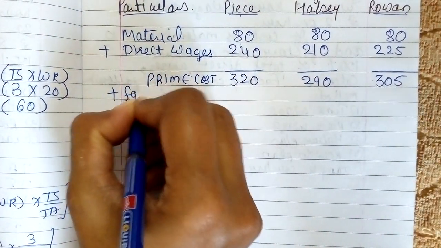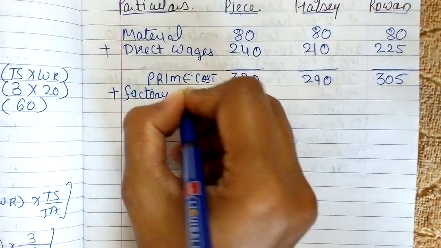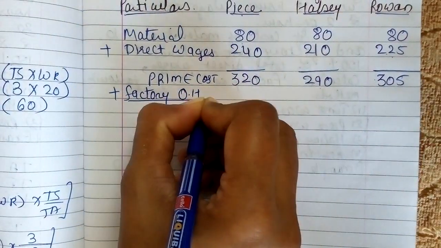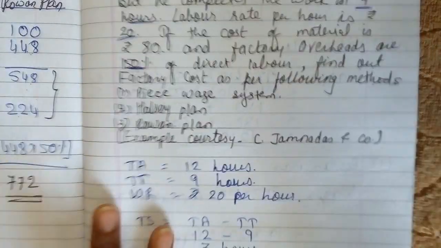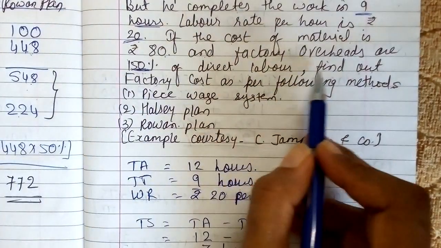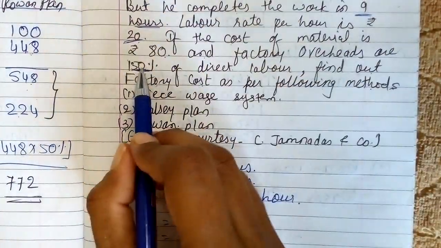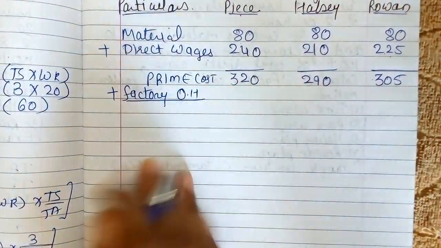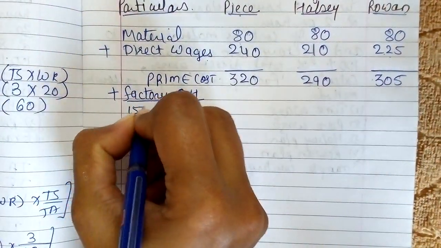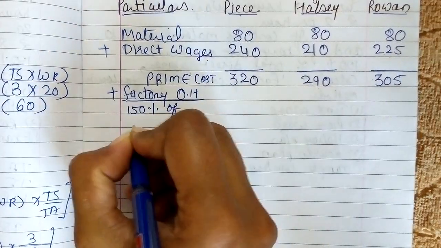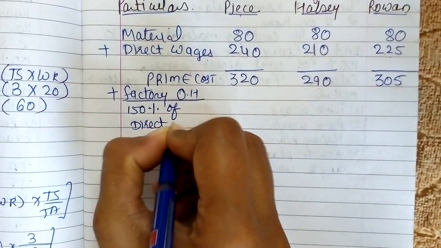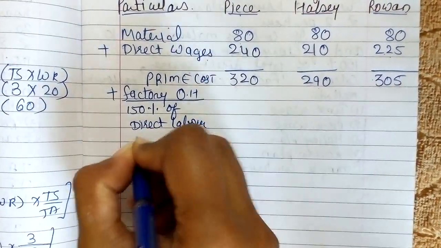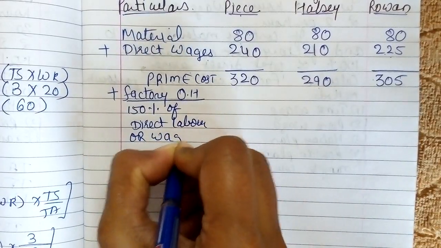Now by adding factory overheads to the prime cost. So what is given in the factory overheads? Factory overheads are 150% of direct labor or direct wages, both are same. So this is 150% of direct labor or wages.